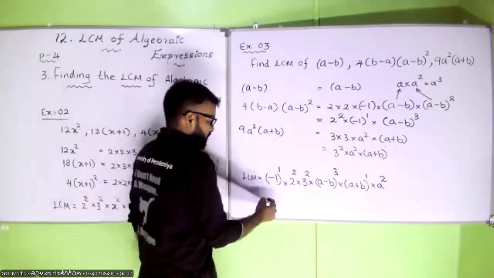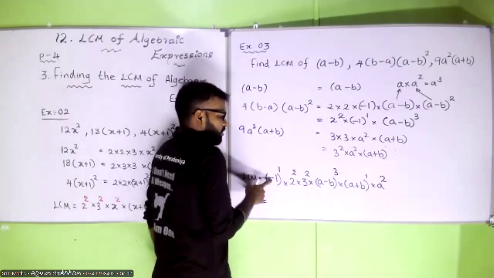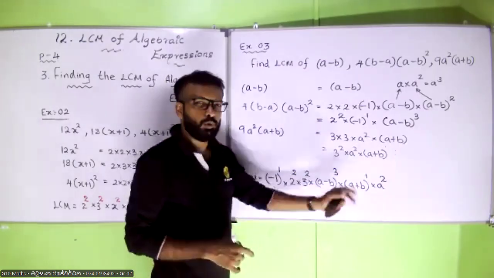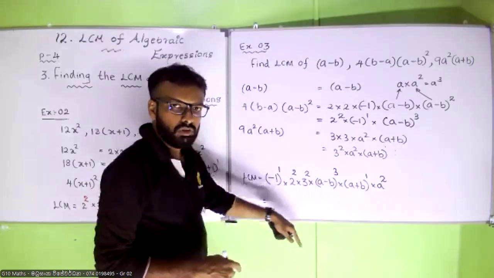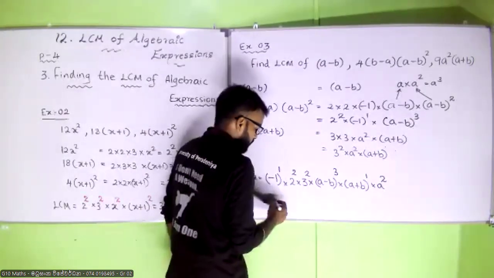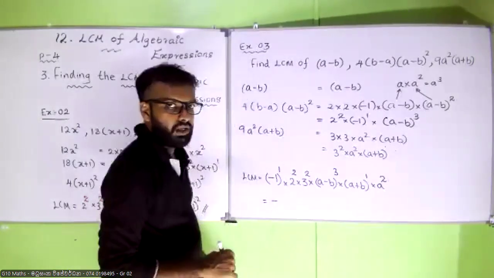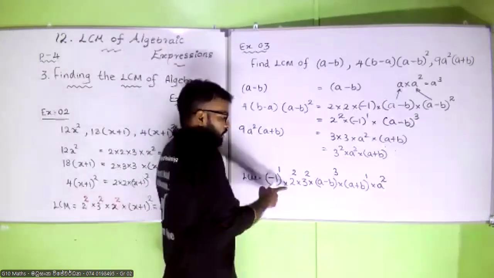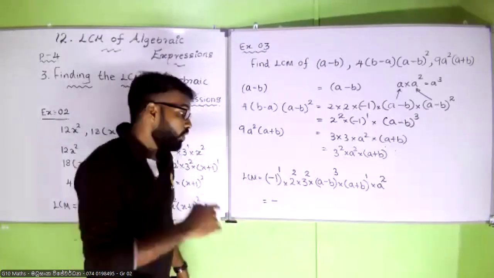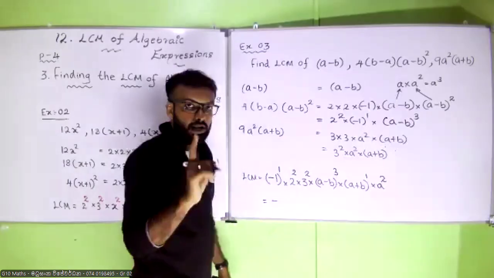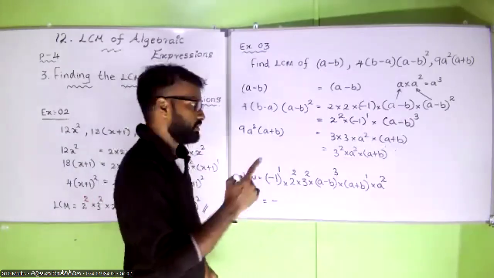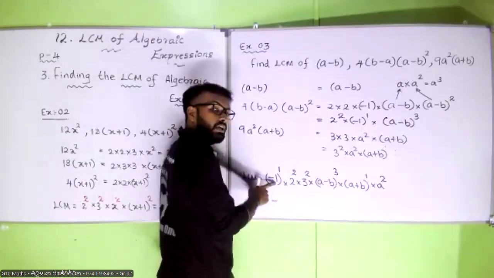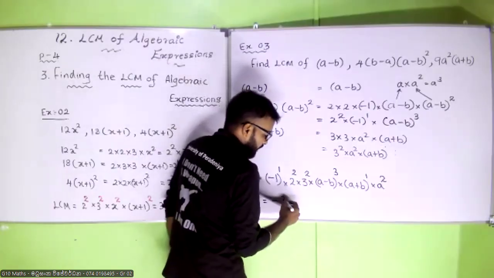So you know how to do this. Here you have a minus sign. All others are positive. So minus into positive, the final sign will be minus. Then 2 to the power 2 is 4, 3 to the power 2 is 9. 4 times 9 is 36.